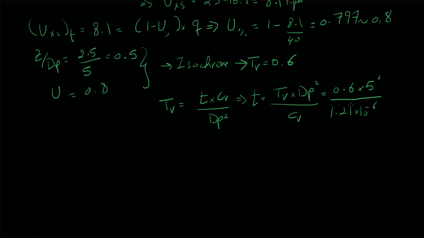So that answer will be in seconds, so we must convert this into days. So again, we will divide by 24 by 60 by 60 to get it into days. Therefore, time will be 100 and 143 days.